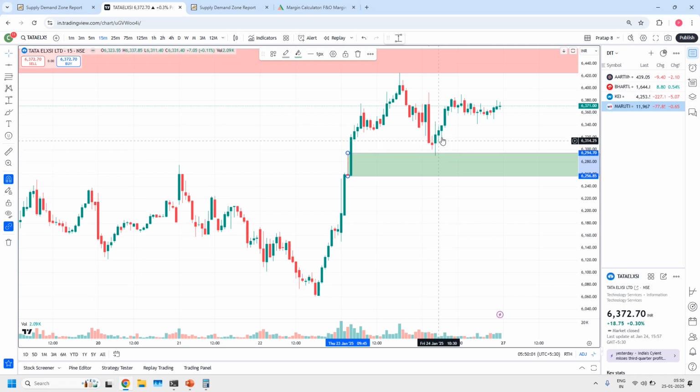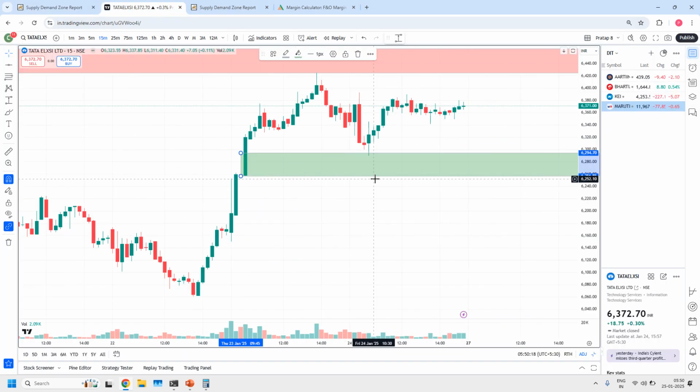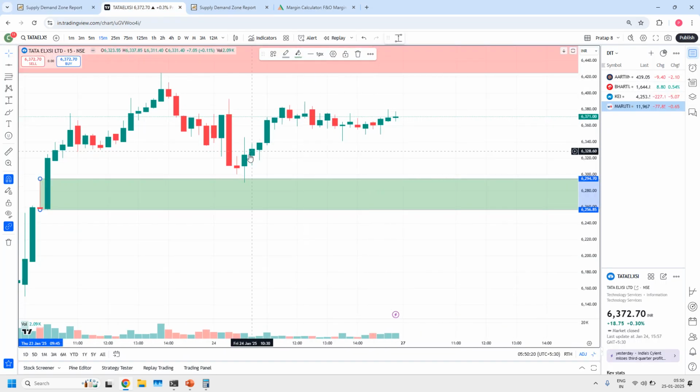Now again this demand zone is pushing the prices. Now what is the latest demand zone? 24th January 10:15, this is the target, with 2 base candles.